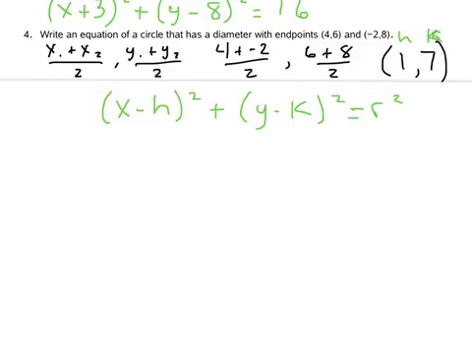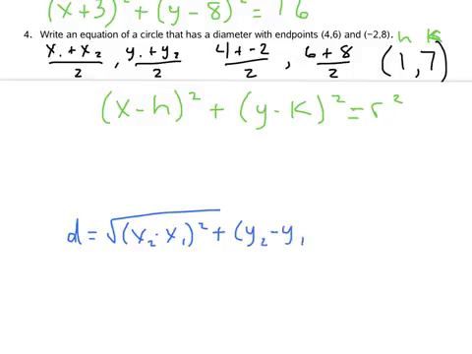So I need to find the distance basically from the center to a point on the circle. To find distance, we've used the distance formula before, so we can use the distance formula again here. So that's d equals the square root of x2 minus x1 squared plus y2 minus y1 quantity squared.